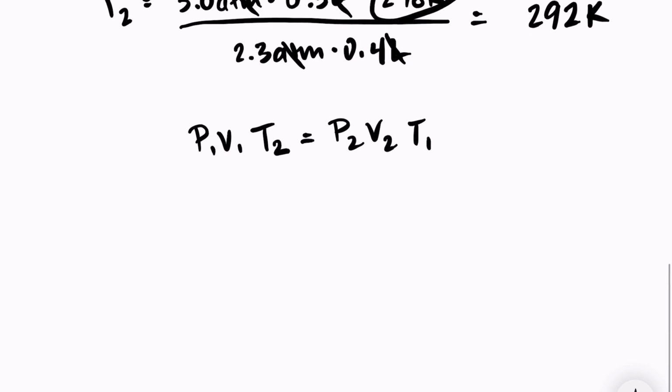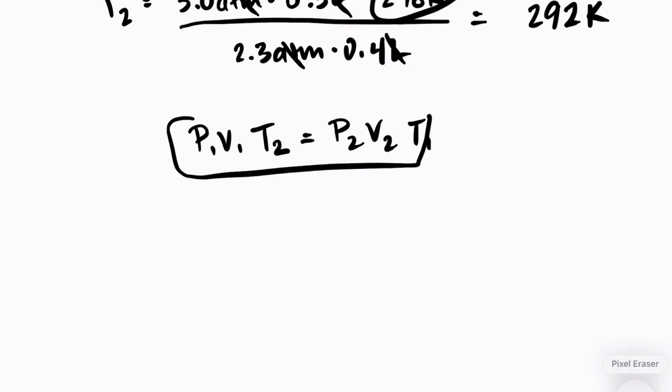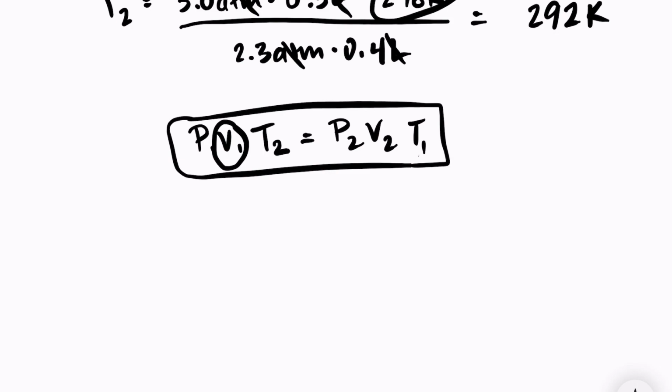So if that's easier for you, you can write your combined gas law this way so that no matter what you're solving for, so if I was solving for V1, well, that just means I'm going to put P1 and T2 on the other side. If I'm solving for T2, that means I'm just going to put P1 V1 on the other side. So that just helps if you don't like fractions and you want to simplify rearranging your formula.